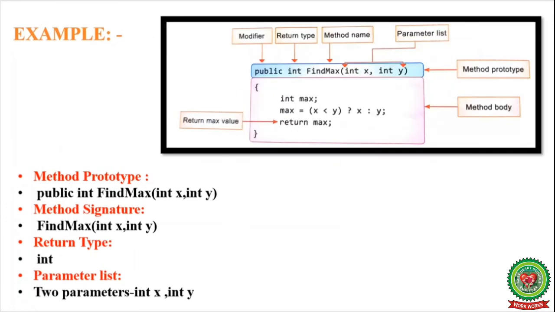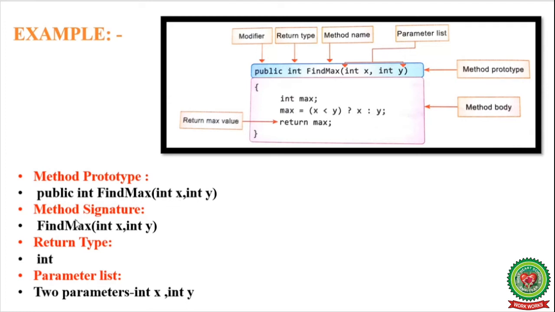Our next example is public int findMax(int x, int y). Then in parenthesis: int max equals x less than y, question mark, x, colon, y. These are ternary operators. Return max. Now here the method prototype is public int findMax(int x, int y).